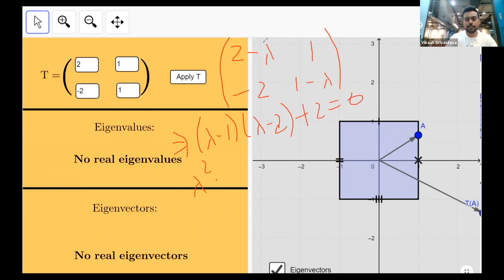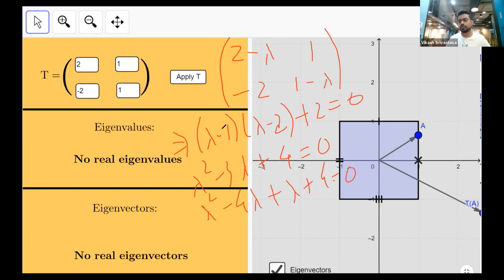So lambda square minus 3 lambda plus 2, plus 2, that's 4. Minus 4 plus 4. I think it has real roots. Did I make any mistake, guys? 2 minus lambda. Did I make any mistake, guys? Because I think, okay, no. So lambda square minus 4 lambda plus 4 is equal to 0, right?